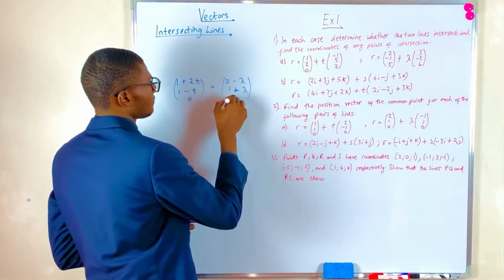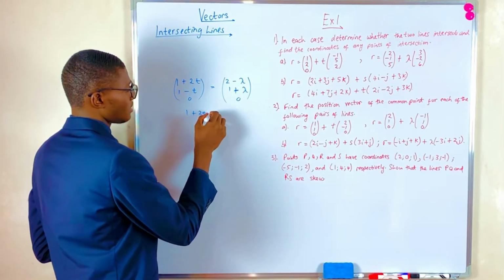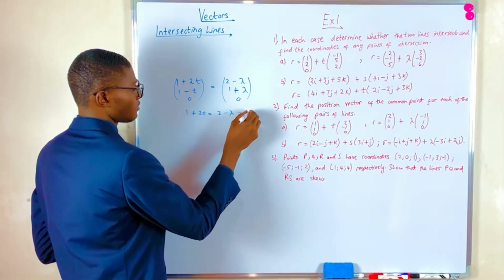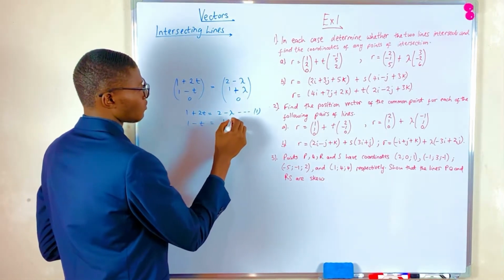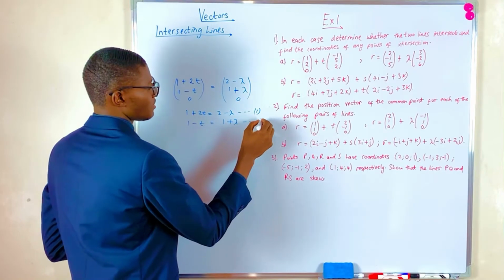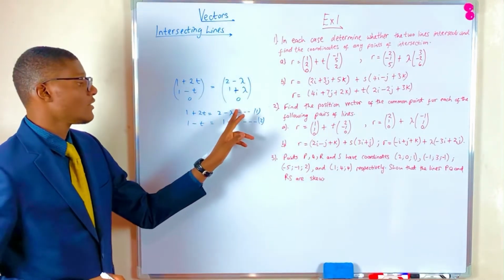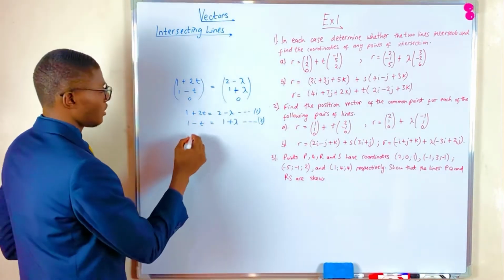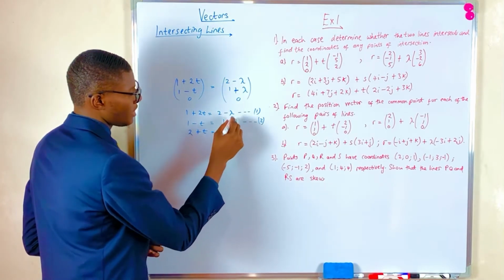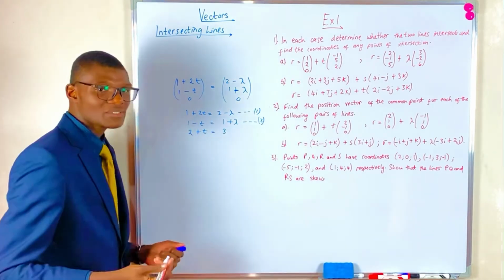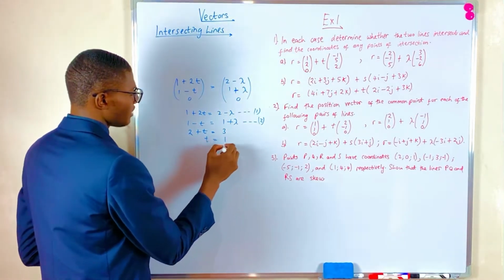So we're now just equating: 1 plus 2t is equal to 2 minus lambda. This is equation 1, and then 1 minus t is equal to 1 plus lambda, which is equation 2. If we solve by elimination, adding equation 1 and equation 2, here we get a 2, there we get a plus t, here we get a 3, and the lambda goes, since minus lambda plus lambda gives us 0, such that t is simply equal to 1.